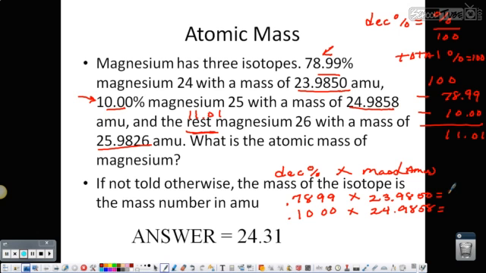So this one was 18.95 and this next one was 2.498. I still can't get my 8 in there. There we go.